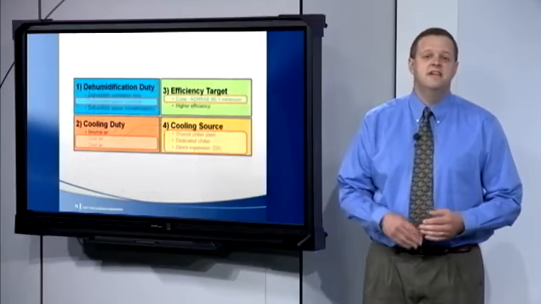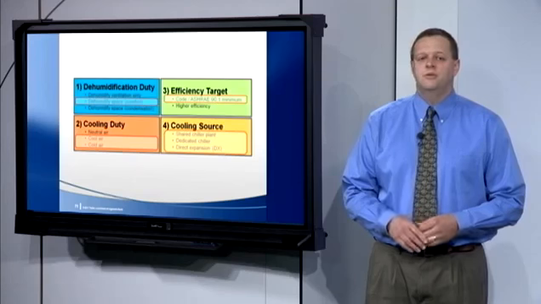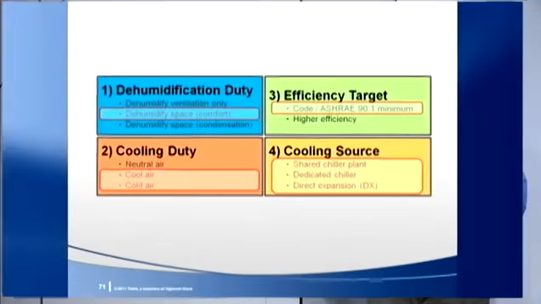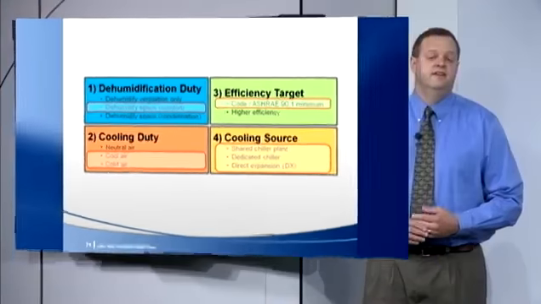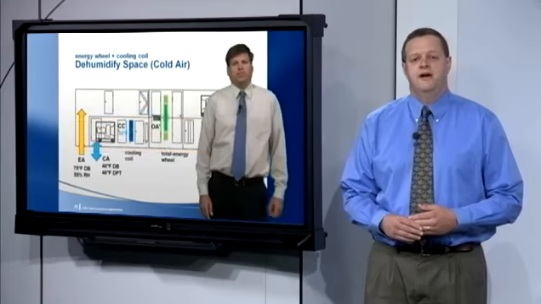As we discussed, if you want to dehumidify the space, the dedicated outdoor air unit will need to deliver air at a dew point that is drier than the space. In this next unit configuration, we'll assume the unit dehumidifies the outdoor air to a dew point that is dry enough to also remove the space latent loads. We'll assume the dehumidified air is still delivered at a cold temperature and stay with a code minimum unit for now.